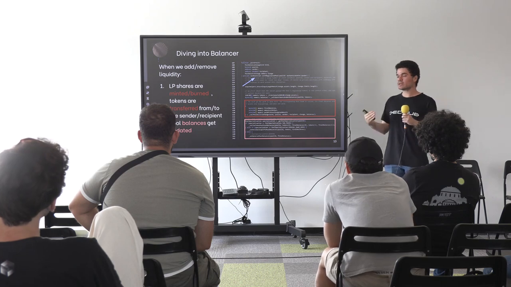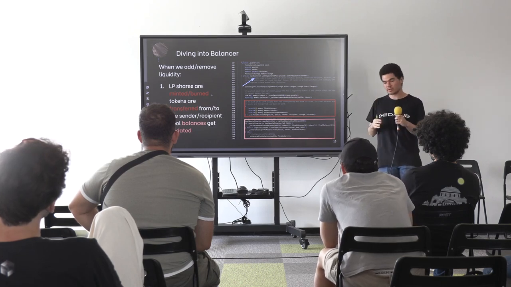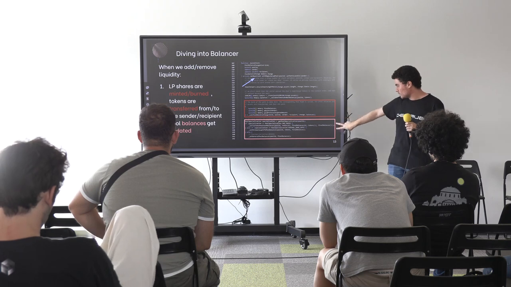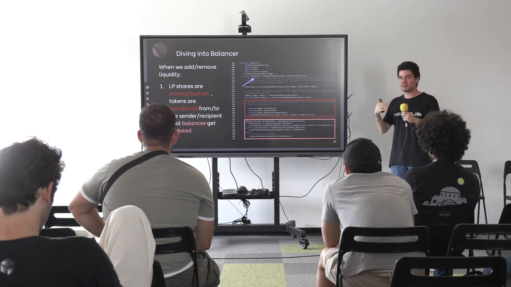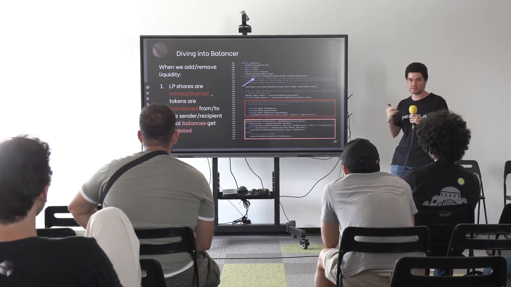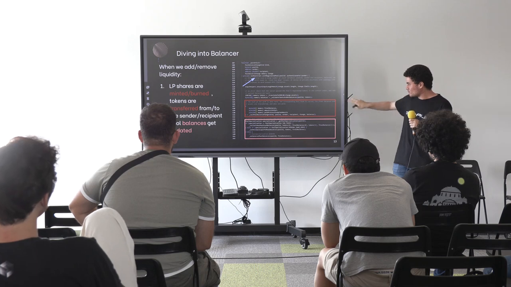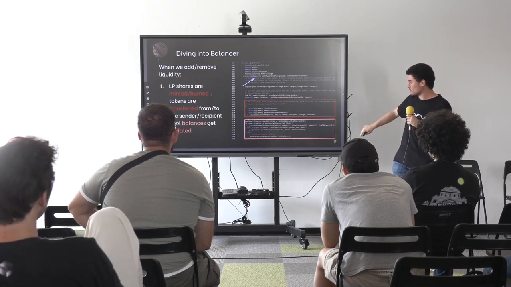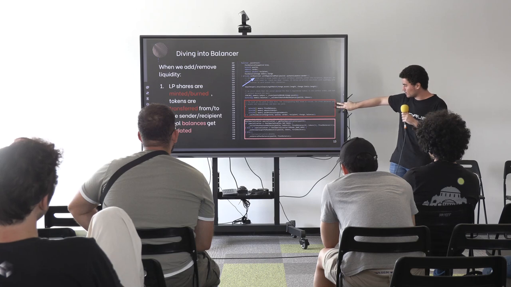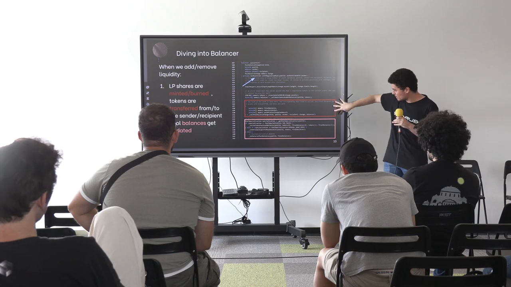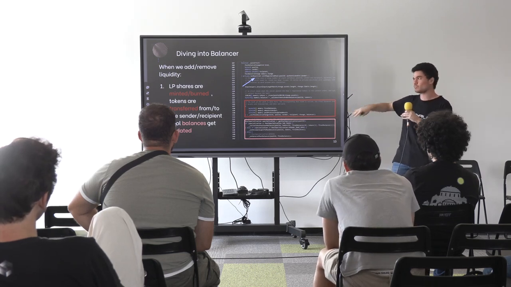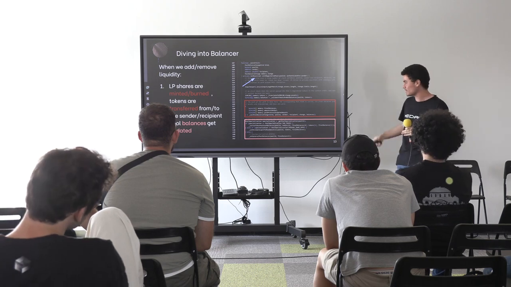And then all token transfers are going to take place. The pink one is where the actual pool balances get updated. So this is what you have to keep in mind: LP tokens are minted, token transfers take place here, and this is where the pool balances are actually updated.